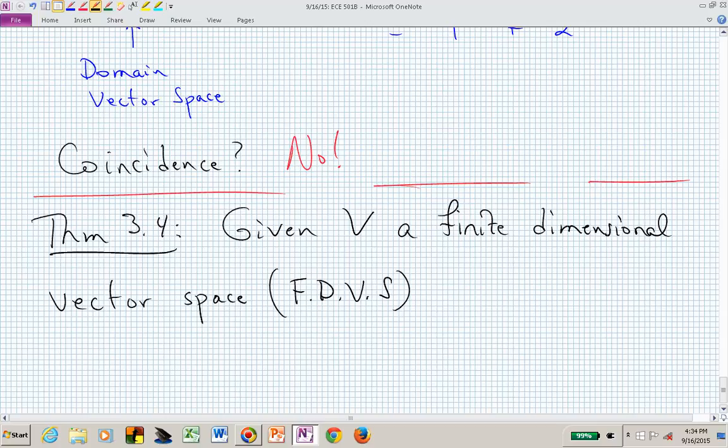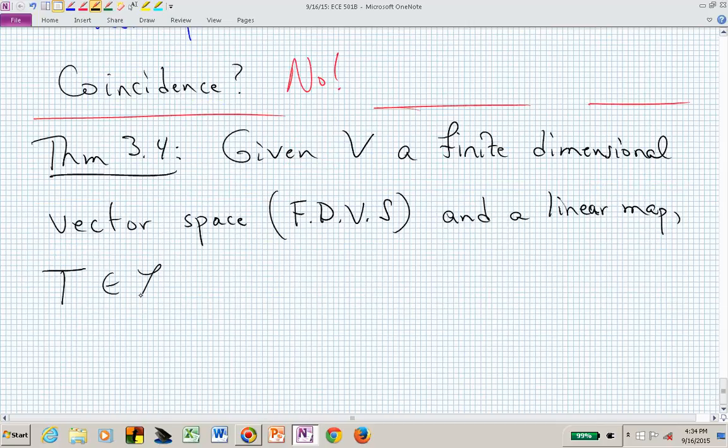Given V, a finite dimensional vector space, and a linear map T, V is going to be our domain, W will be our codomain. So this is what we're starting with. This is given.